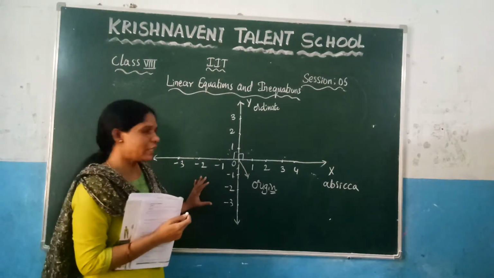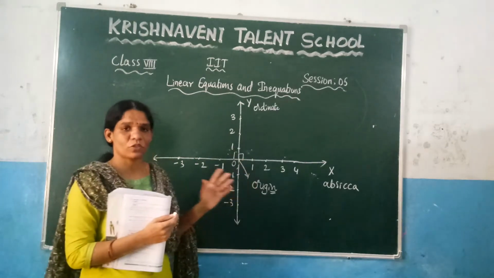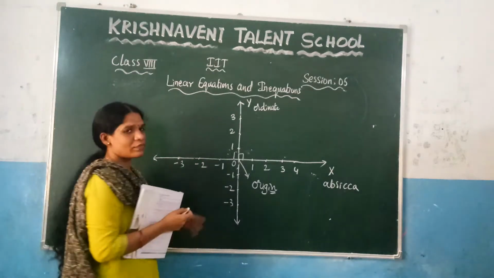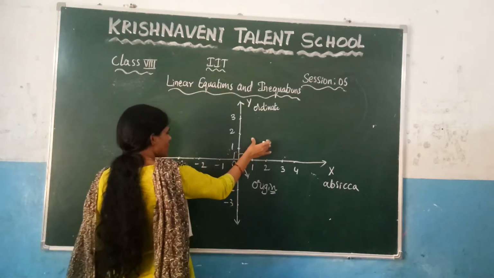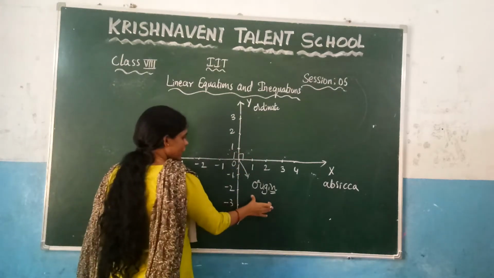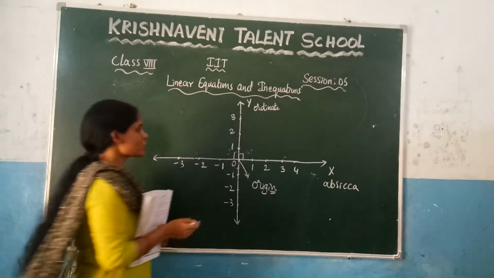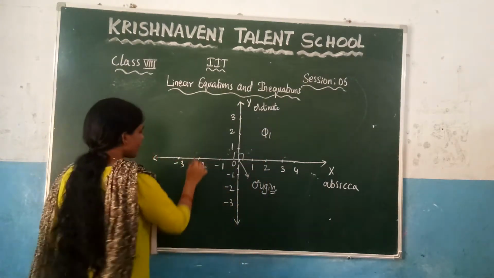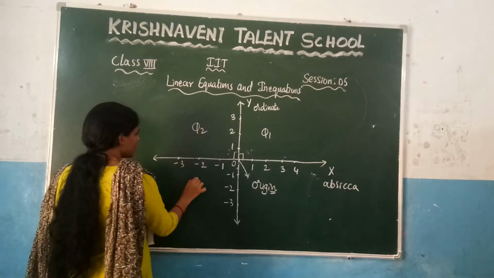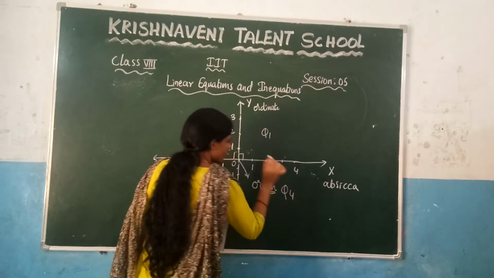You can observe that this coordinate plane divides the coordinate axes into 4 regions, 4 parts: first part, second part, third part, and fourth part. Each part we call a quadrant. So this is Q1, quadrant 1, this is Q2, quadrant 2, this is Q3, quadrant 3, and this is Q4, quadrant 4.